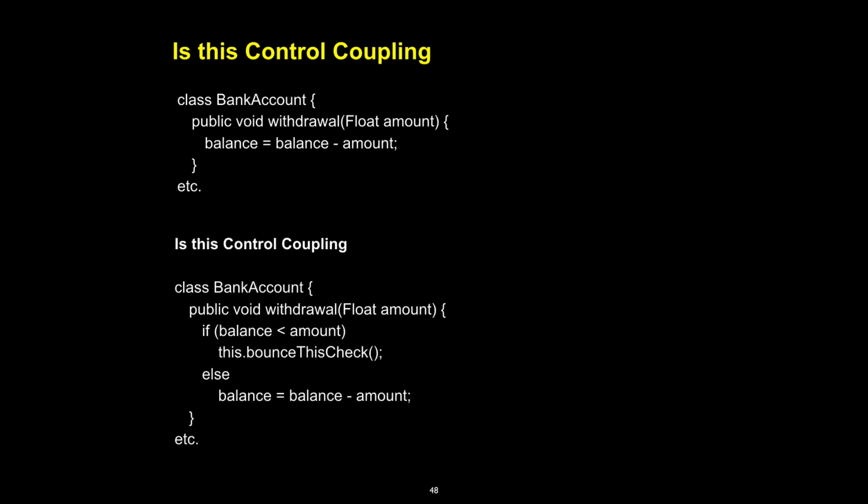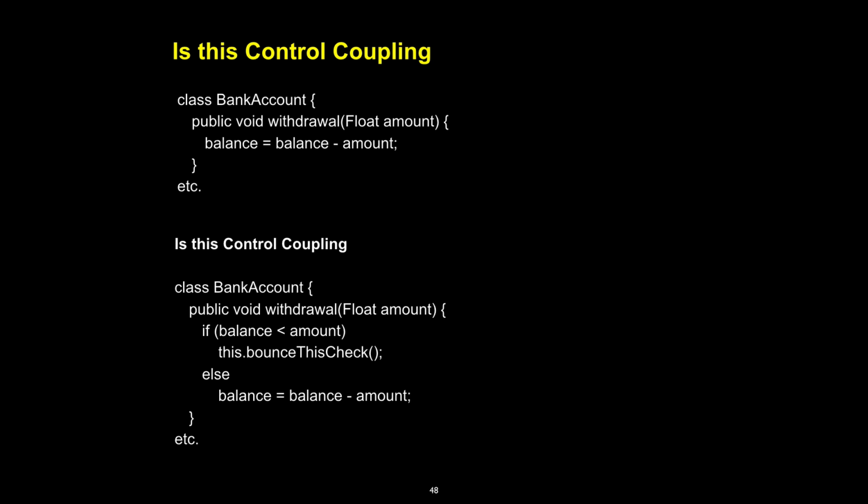What about this? It's still doing a withdrawal. It's still doing itself. It doesn't actually tell it what to do, right? I'm not passing a negative amount or a large amount to tell it what to do.